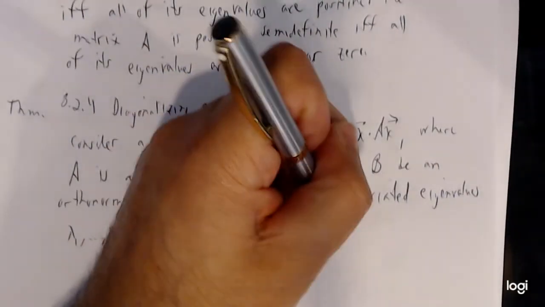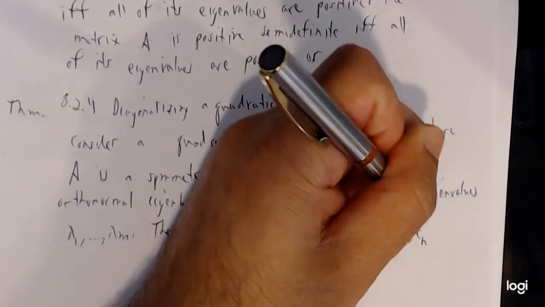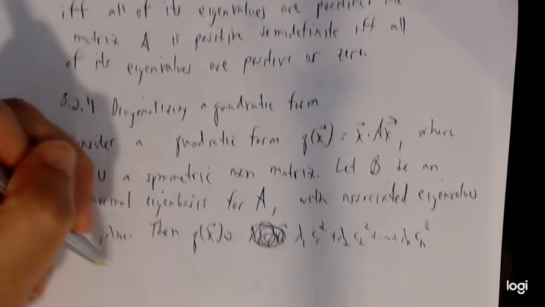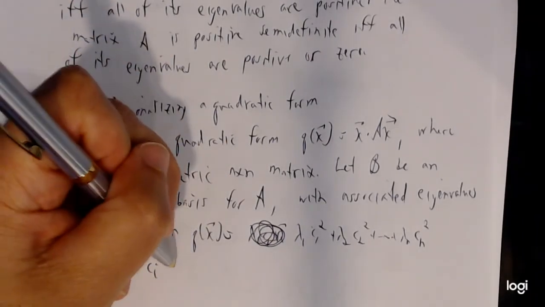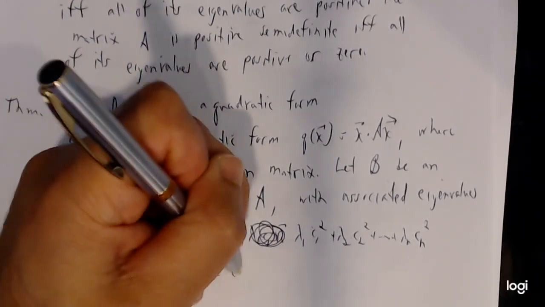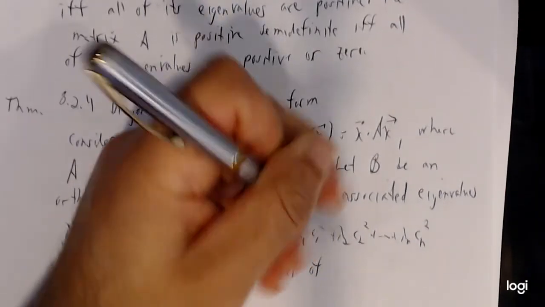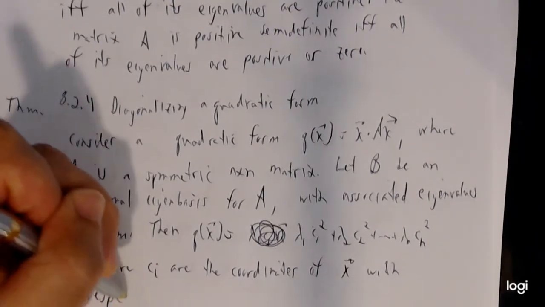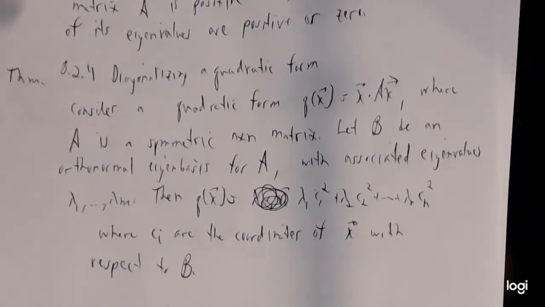And then plus lambda sub 2, c sub 2 squared, plus lambda sub n, c sub n squared, where the c sub i are the coordinates of x with respect to our eigenbasis.